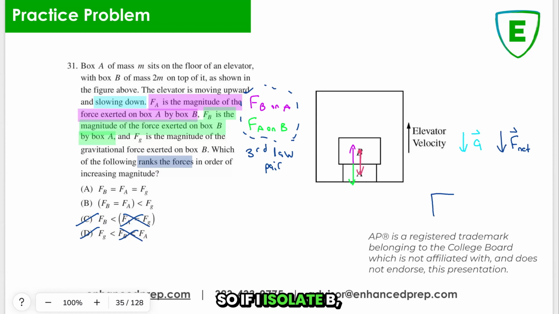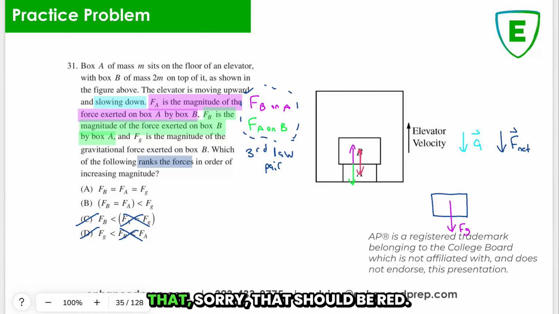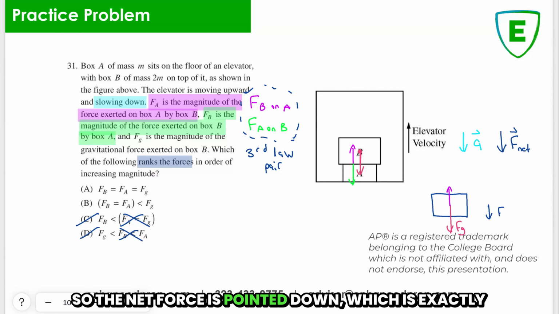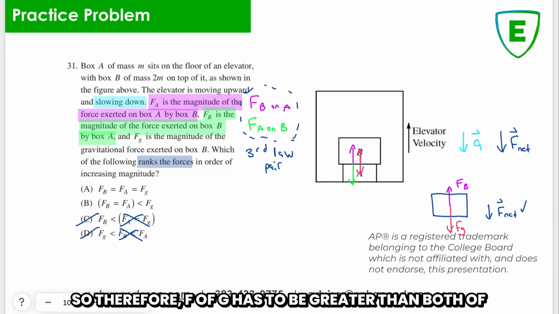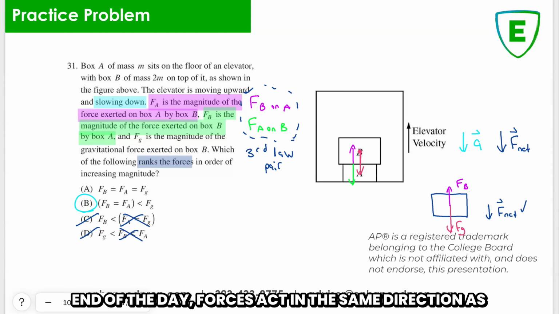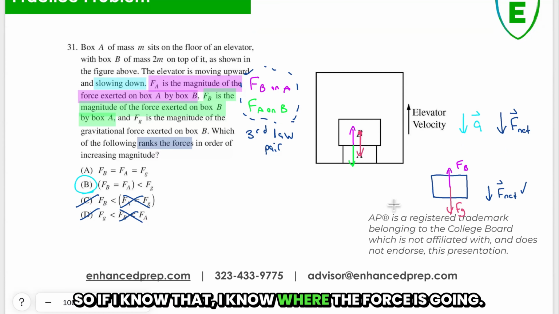So if I isolate B, the force of gravity is going downward, and then that other force is directed upwards. So the net force is pointed down, which is exactly what we want. So F of G has to be greater than both of those. Our final answer for this one is going to be B. At the end of the day, forces act in the same direction as acceleration. So if I know that, I know where the force is going.